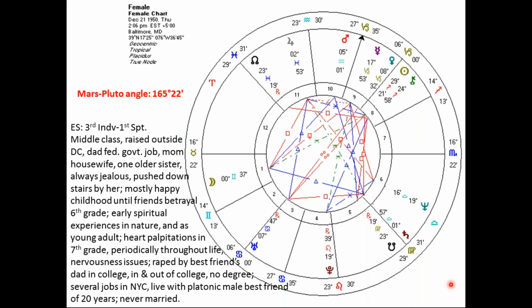The history from Jeffrey Wolf Green's method is that when Jeffrey was doing his research back in the day, looking at 15, 20,000 charts, what he found from his perspective was that Porphyry house systems did a better psychological description versus Koch or Placidus.